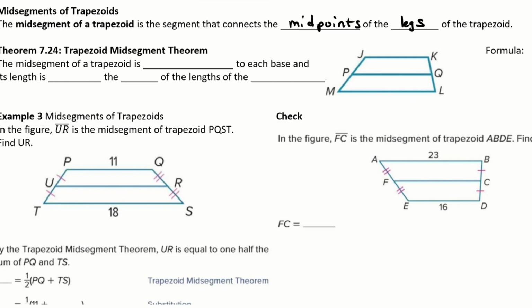Here we have a trapezoid, and we're going to apply the trapezoid mid-segment theorem and show you where the mid-segment is. The mid-segment of a trapezoid is parallel to each base, and its length is half the sum of the lengths of the bases.